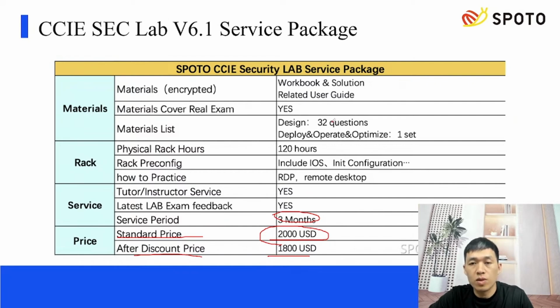Okay, and the materials include these workbooks, videos, and instructions, as well as tutor support. Okay, one set for design and DOO each, and you will get 120 hours for lab practice. Alright.